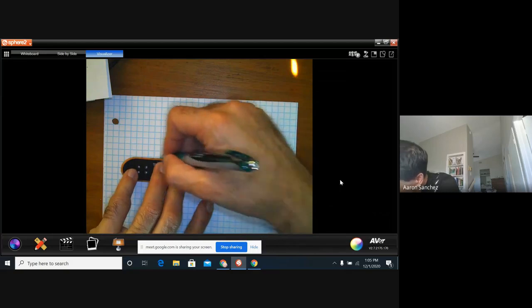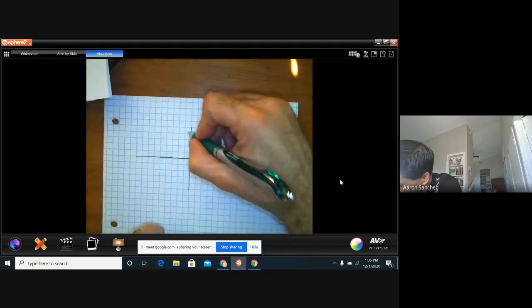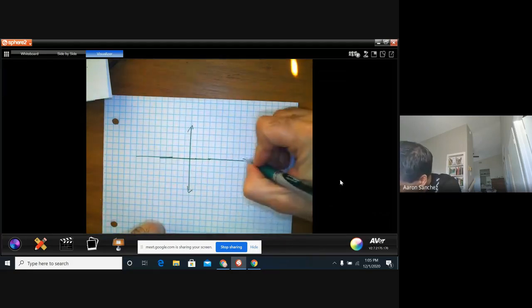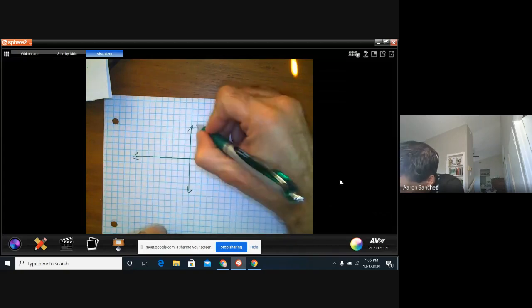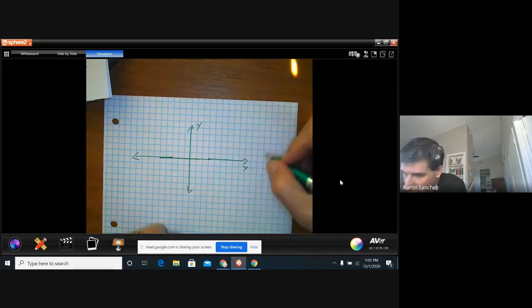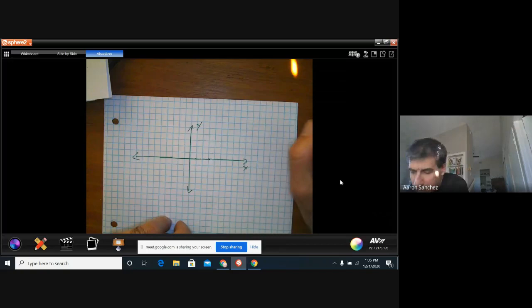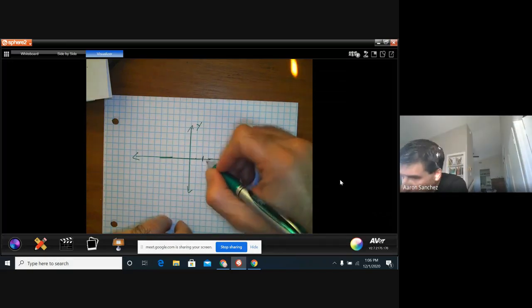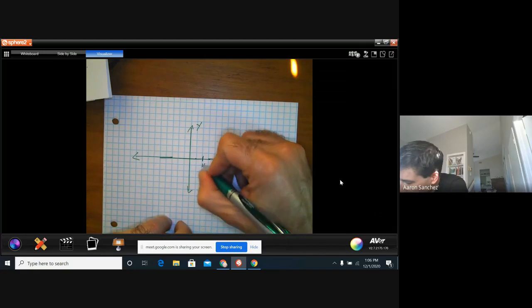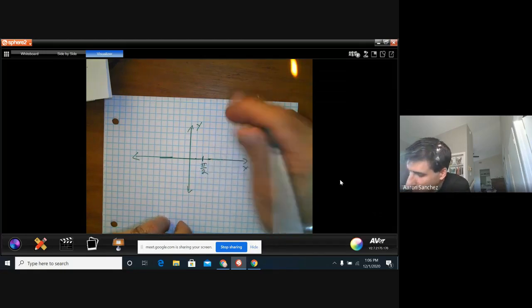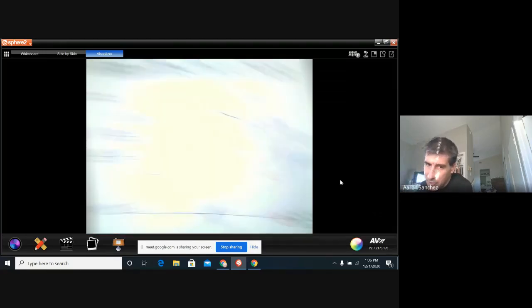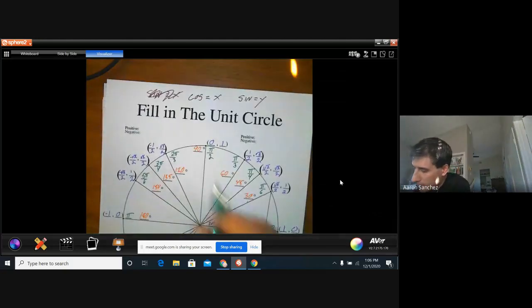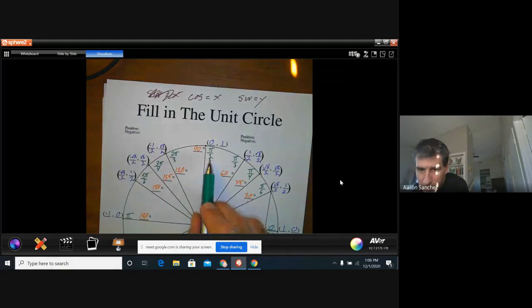Tech Deck's not really the best for making lines. So this is my y coordinate, this is my x coordinate. Here's what we're going to do. I like to skip one, and we'll call this point pi over 2. Where did I get that from? Pi over 2.